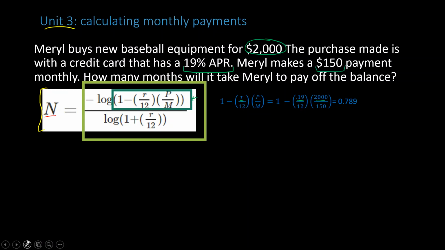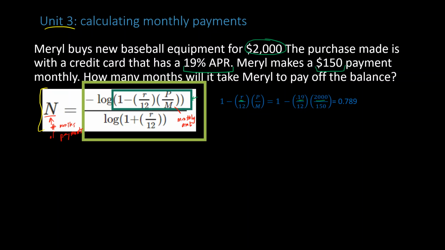So notice that we've got many things kind of related to months and time happening here. So N is the number of months of payments he will have, while capital M is the monthly payment amount, okay?